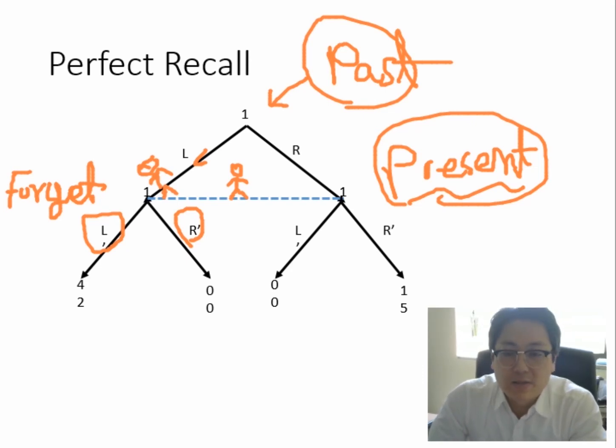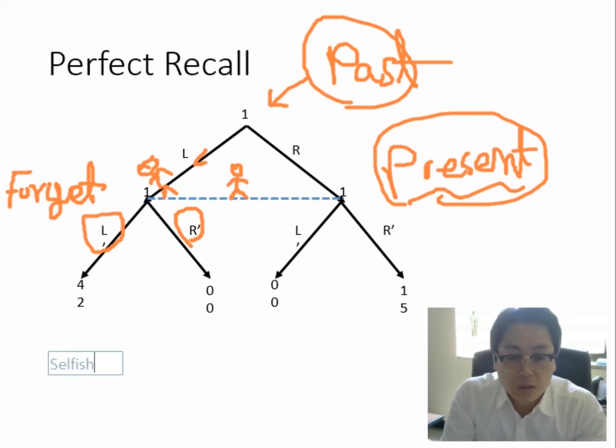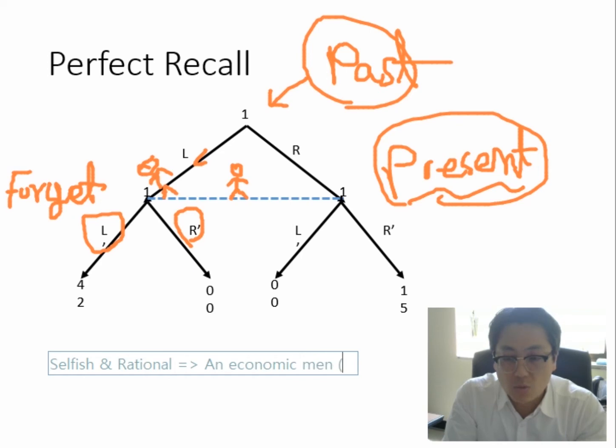Actually, it doesn't make sense. I know there are people who are like that, and I understand that. Maybe the old may forget what they chose, right? However, we are not analyzing those types of persons because we are interested in selfish and rational people, which we call an economic man or woman.